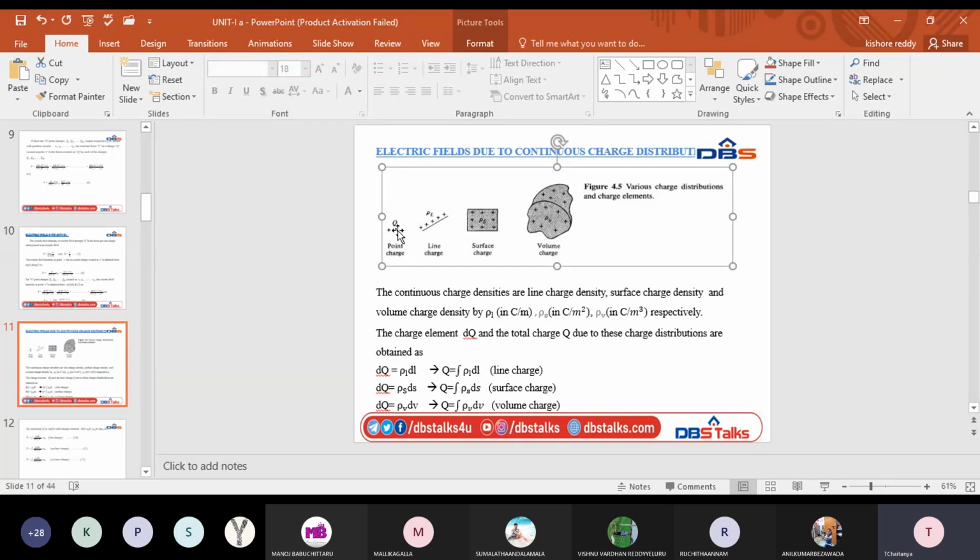See once again: point charge, line charge, surface charge, volume charge. Point charge representation is Q, line charge representation is rho L, surface charge representation is rho S, volume charge representation is rho V. For finding the charges, Q is the integral of rho L dl for a line charge, rho S dS for a surface charge.